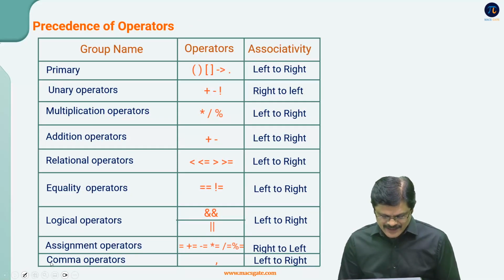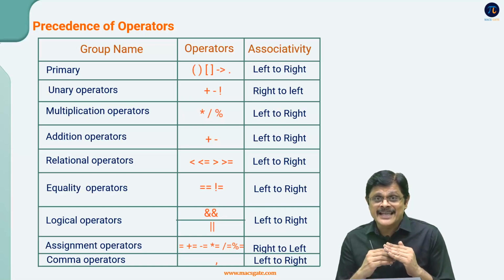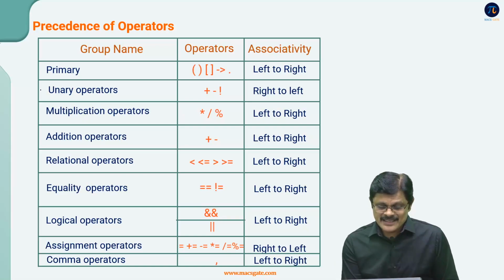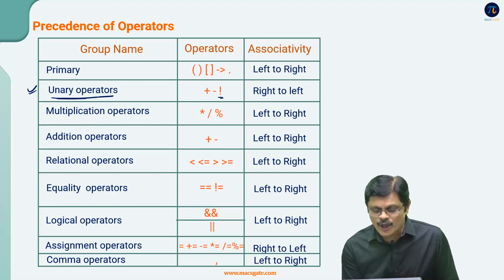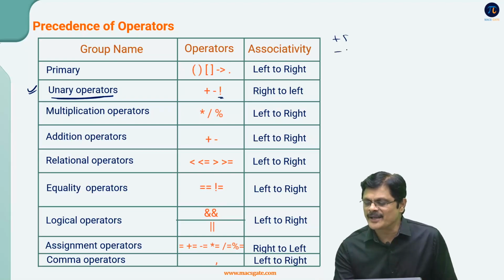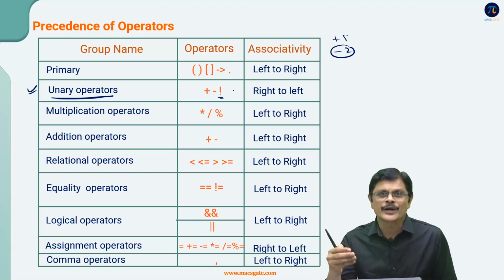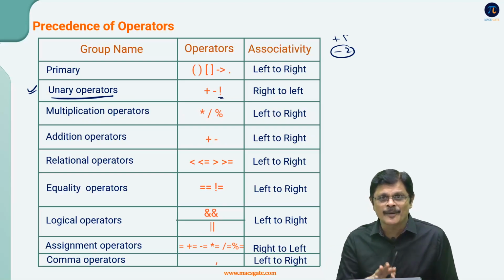And if you consider the position of logical operators, they are not at the same level, sir, they are at two different levels. See, the logical not is included in the unary operators, that is unary plus and unary minus, that is plus 5, minus 2, you write, together with that it is included. Actually here we also get the pre-increment, pre-decrement operators, we have not yet discussed them, we are going to discuss them, okay.